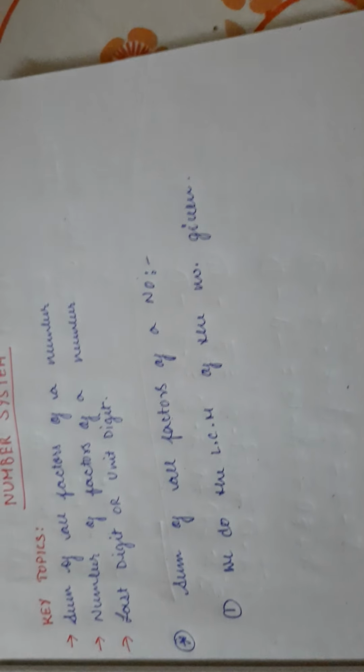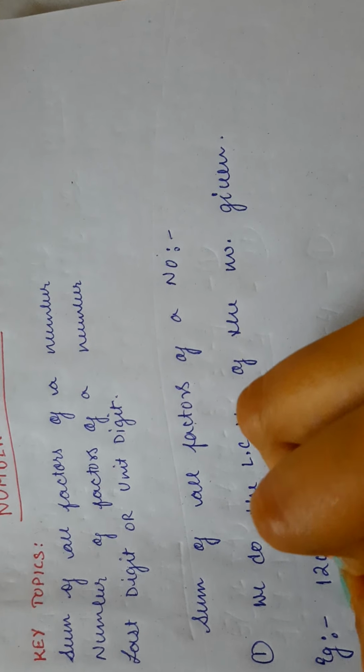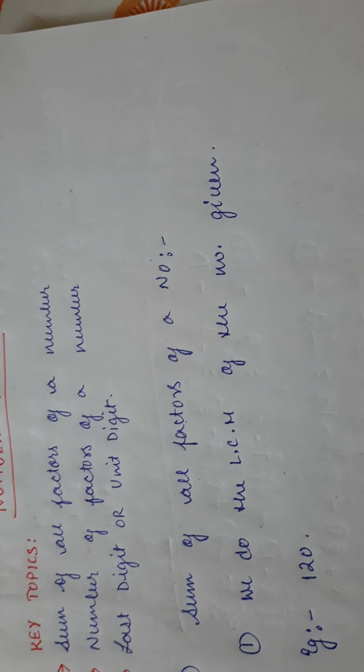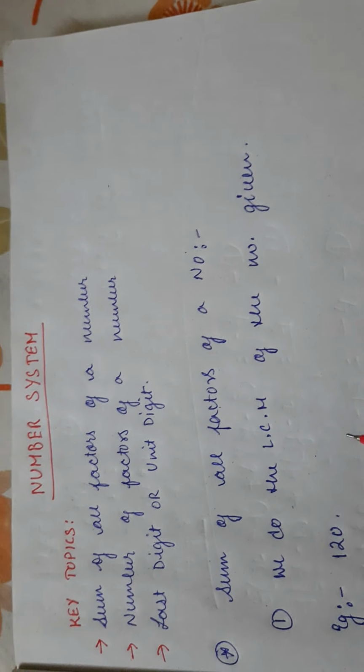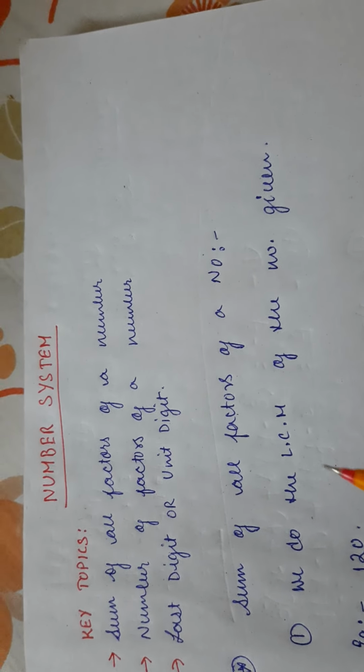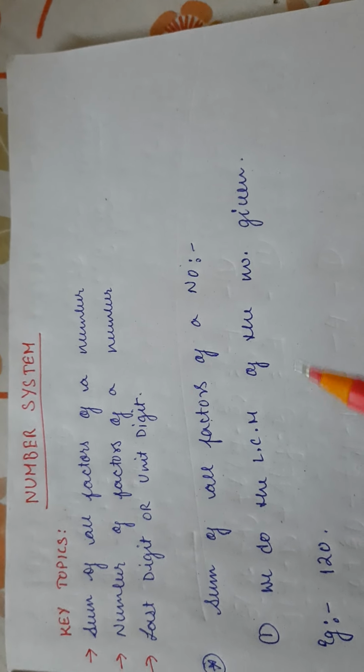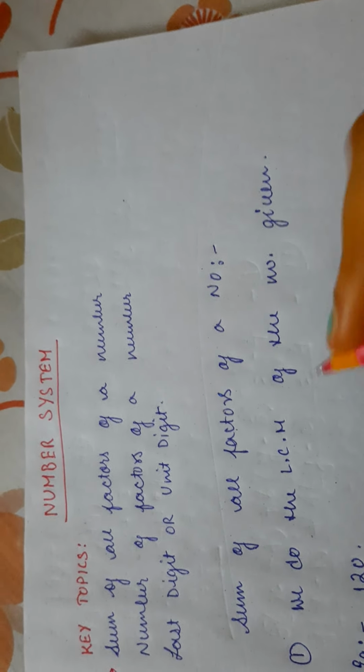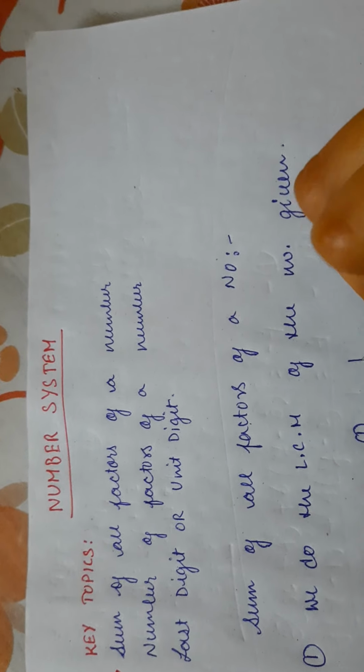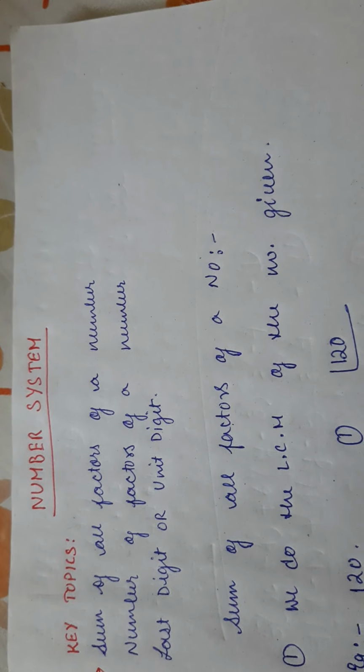Let us assume, for example, we have to find the sum of all the factors of 120. This is the question: find the sum of all factors of 120. So first we will do LCM of 120.